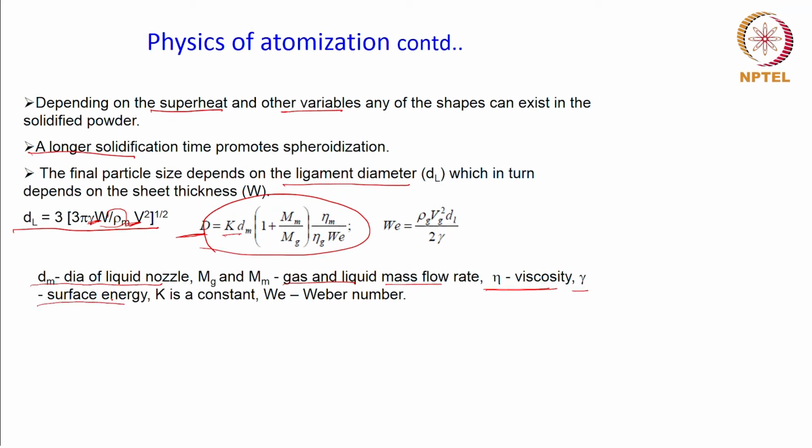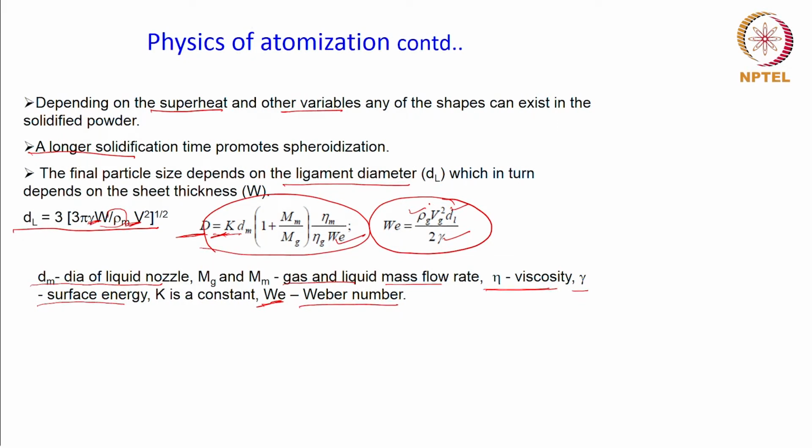Okay. And the other two parameters that you see over here, k, this is a constant, and We that you see over there is the Weber number, okay, which is given by this particular equation. So, the Weber number would again depend on the velocity, the diameter of the liquid, the surface energy, and also the density. Okay.